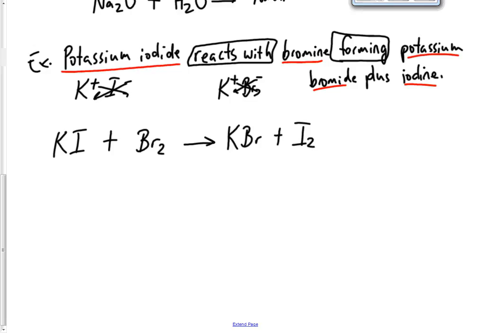Sometimes the question will only give you the first half and expect you to predict the product. So if it said, what are the products when potassium iodide reacts with bromine?